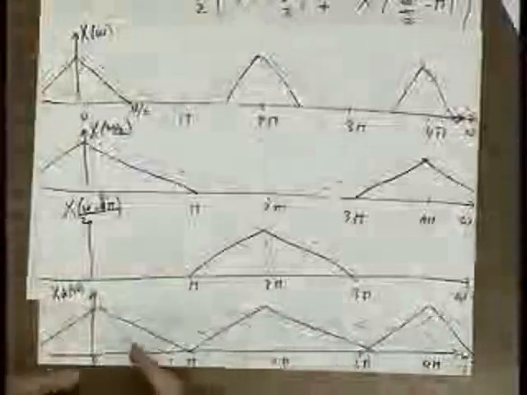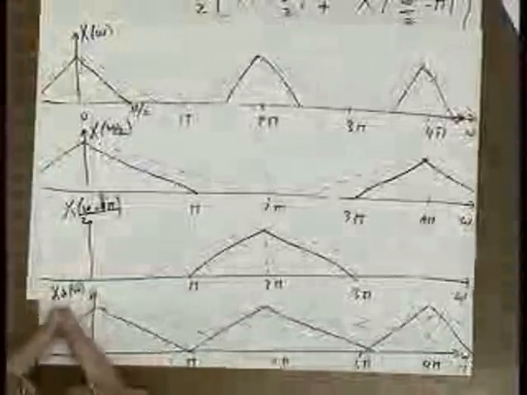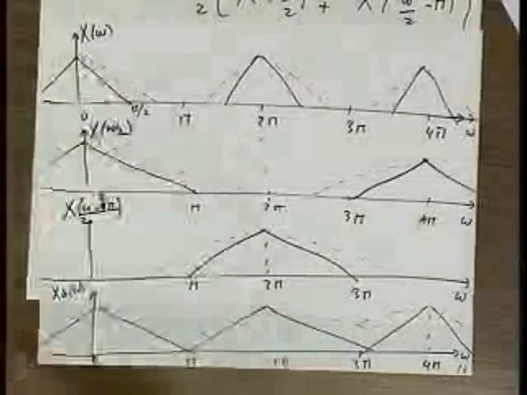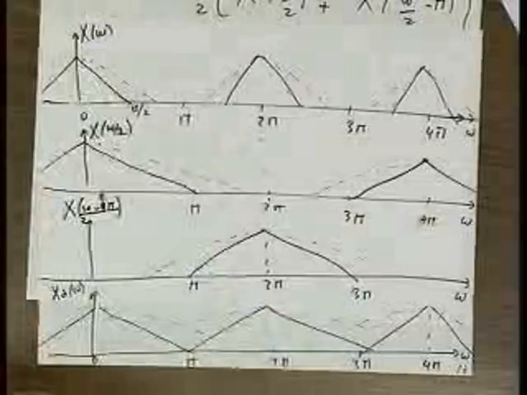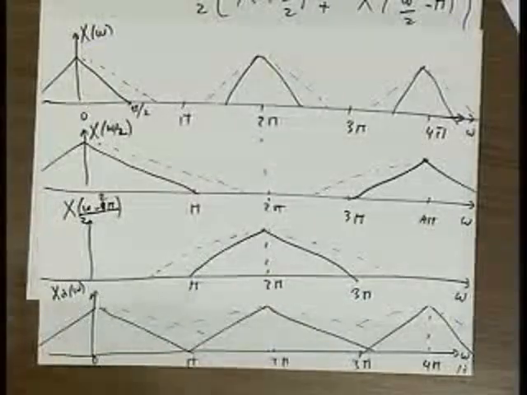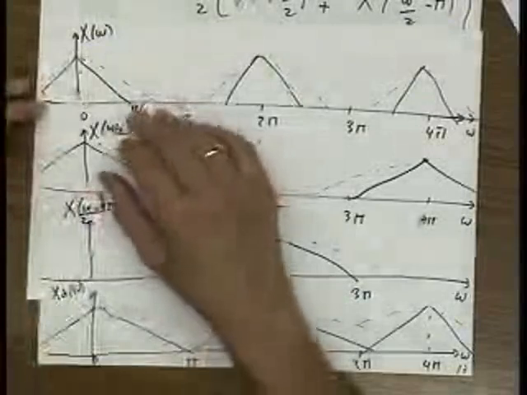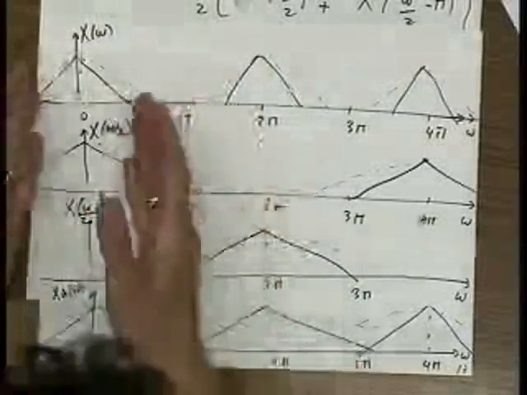And then, in that case, the spectrum of x sub d of omega, the downsampled one, could not have been used to precisely recover x of omega. And intuitively, what is that telling you? It is telling you that if your signal didn't have capacity or room to be downsampled... here we were lucky.